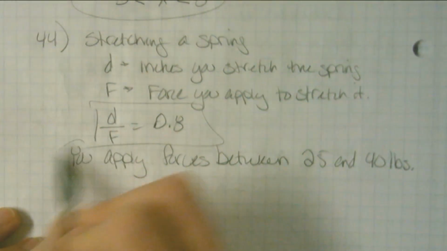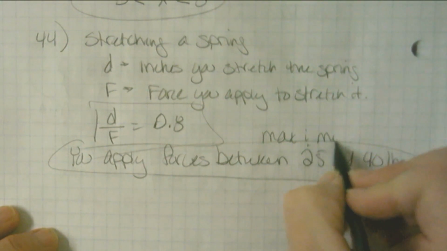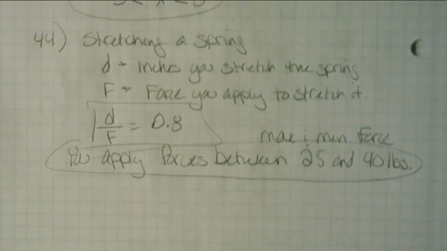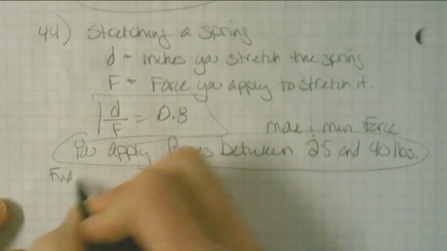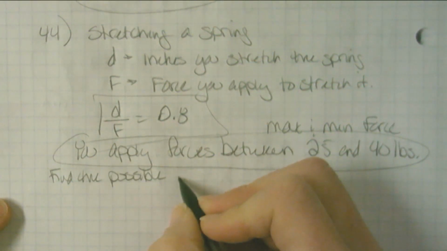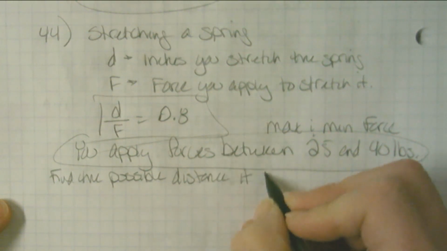So these are our maximum and minimum force. That's what that is, our maximum and minimum force. So we want to know, write an inequality that describes the stretch of the spring. So what we want to do is find the possible distances it stretches.